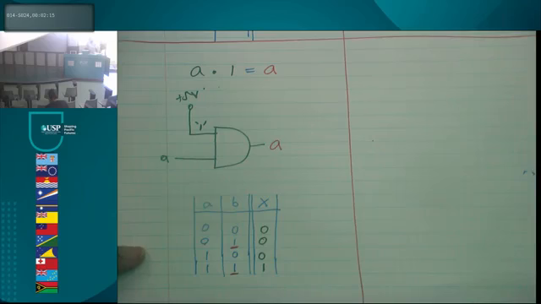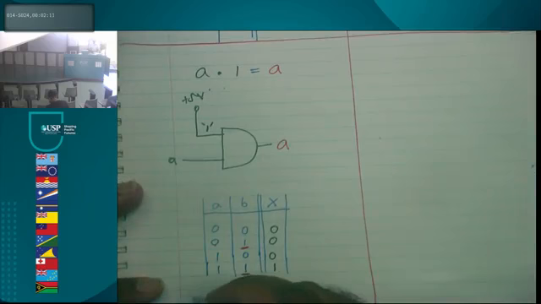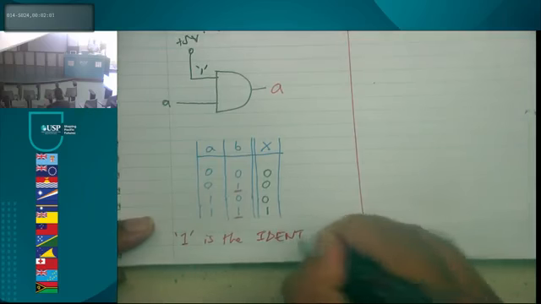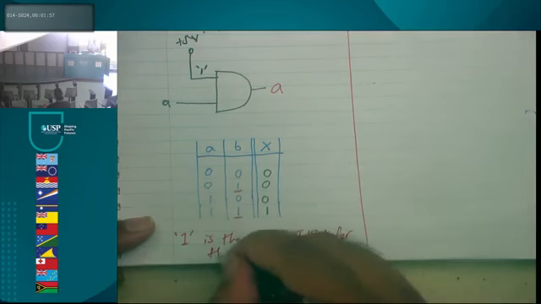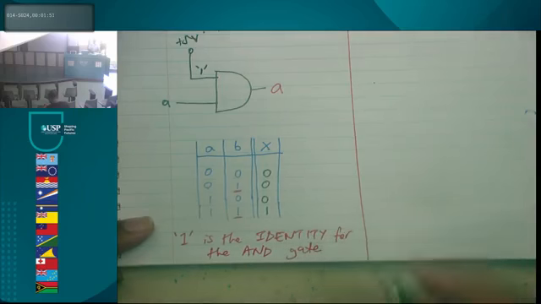Well, we say that 1, logic 1, is the identity for the AND gate. Okay.